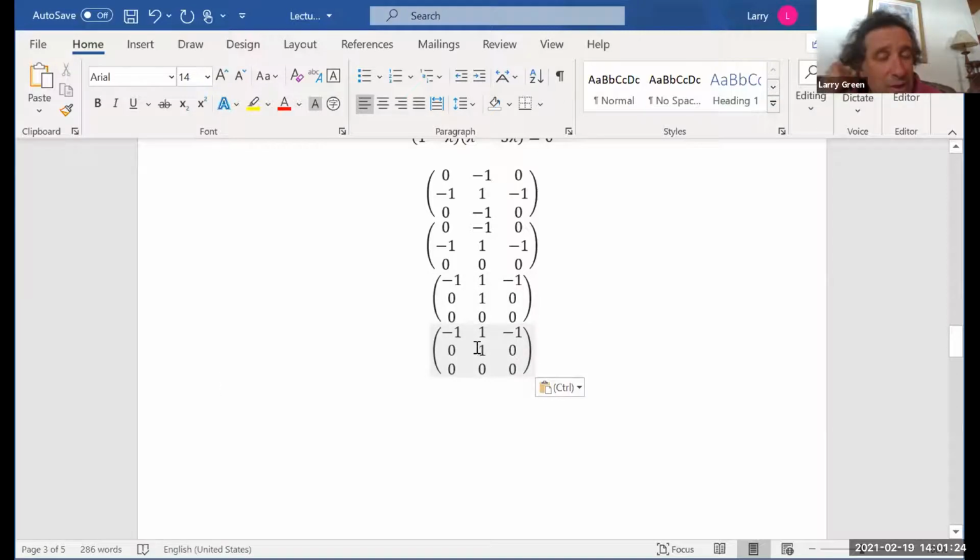and replace row 1 with row 1 minus row 2. So that 1 becomes a 0. We can multiply row 1 by -1, get rid of the negatives. And now we're good. So what is our eigenvector?